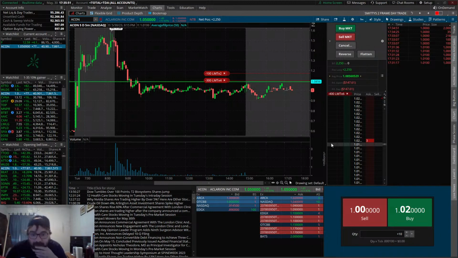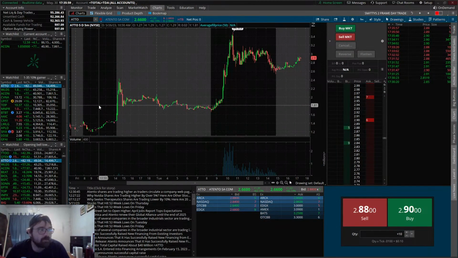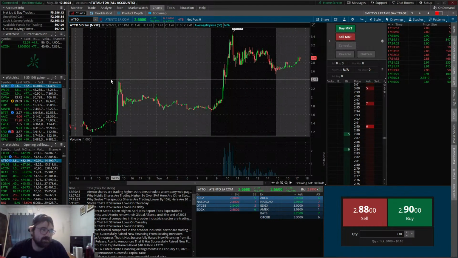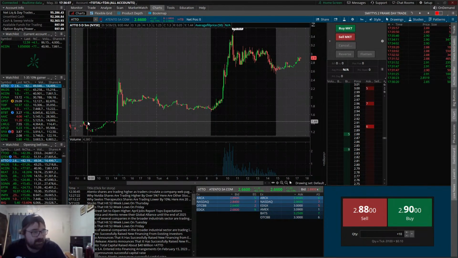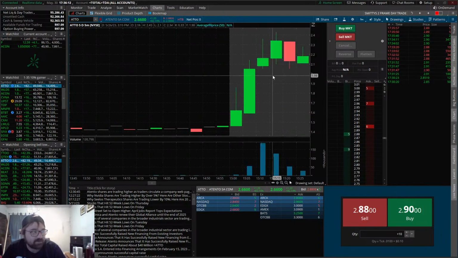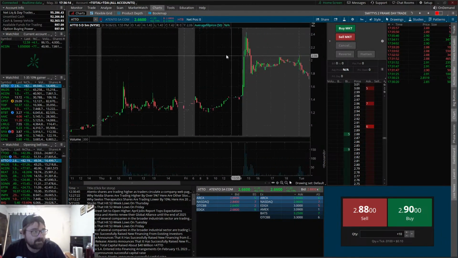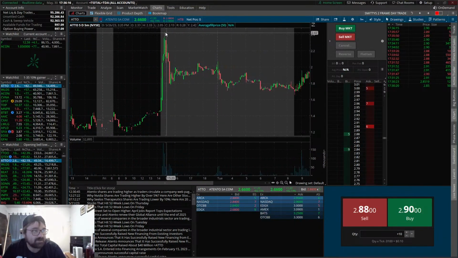Let's go ahead and talk about some decent trades or some ideas, I guess. See how this gapped up in the afternoon there, or in the after hours, I believe. That high right there, a good idea would have been to set an alert right there.